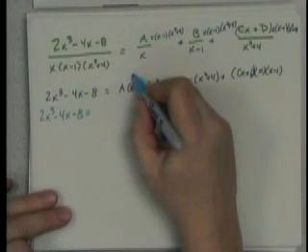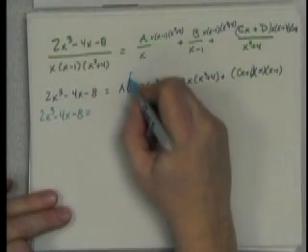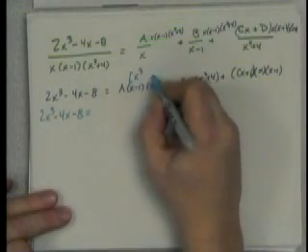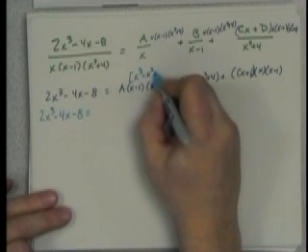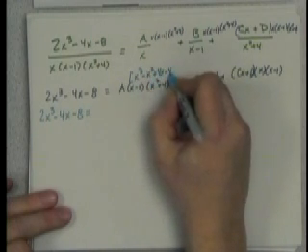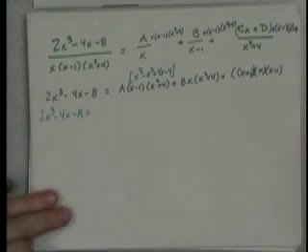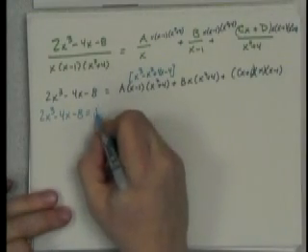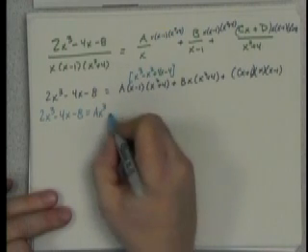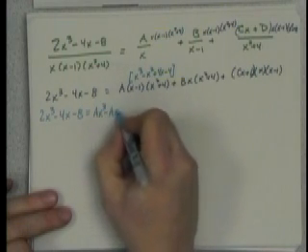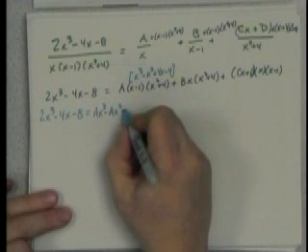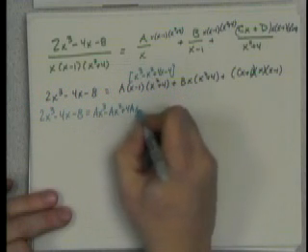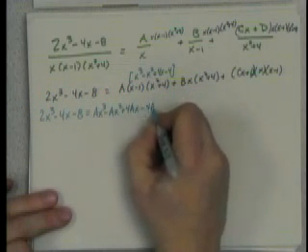Now this x minus 1 times x squared plus 4 is x cubed minus x squared plus 4x minus 4. So I have Ax cubed minus Ax squared plus 4Ax minus 4A.